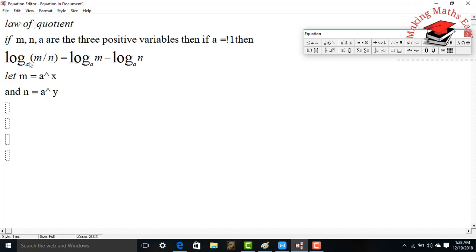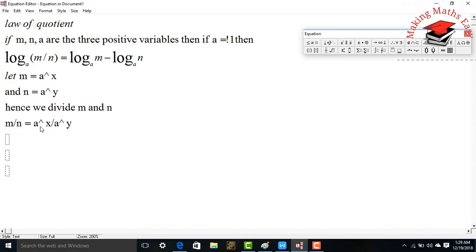Hence we divide m and n. After dividing, m divided by n equals a raised to x divided by a raised to y, since m is equal to a raised to x and n is equal to a raised to y.